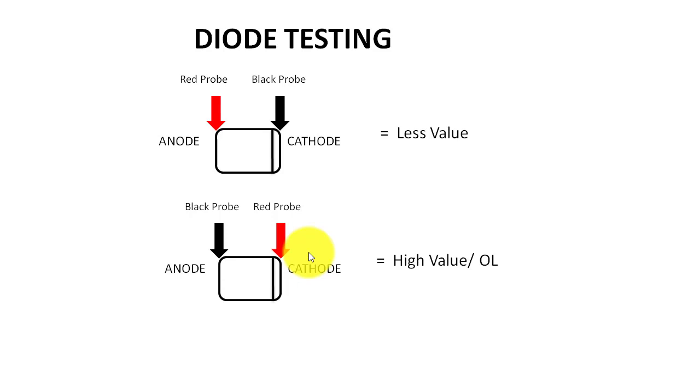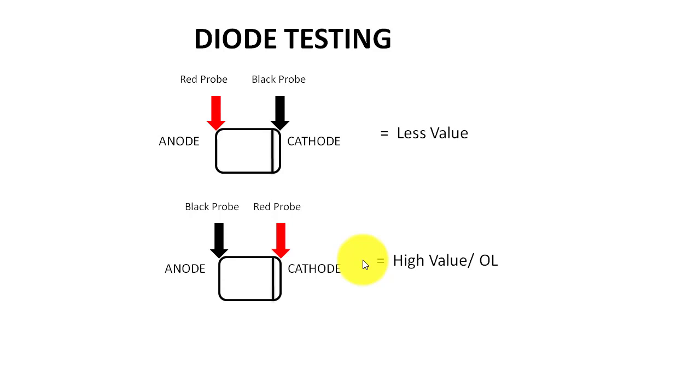So just change your probes. First it will be that, and then change. Then on the cathode you keep the red probe, and on the anode you keep the black probe. That will show a high value or over limit, just the opposite. So this is the real testing.